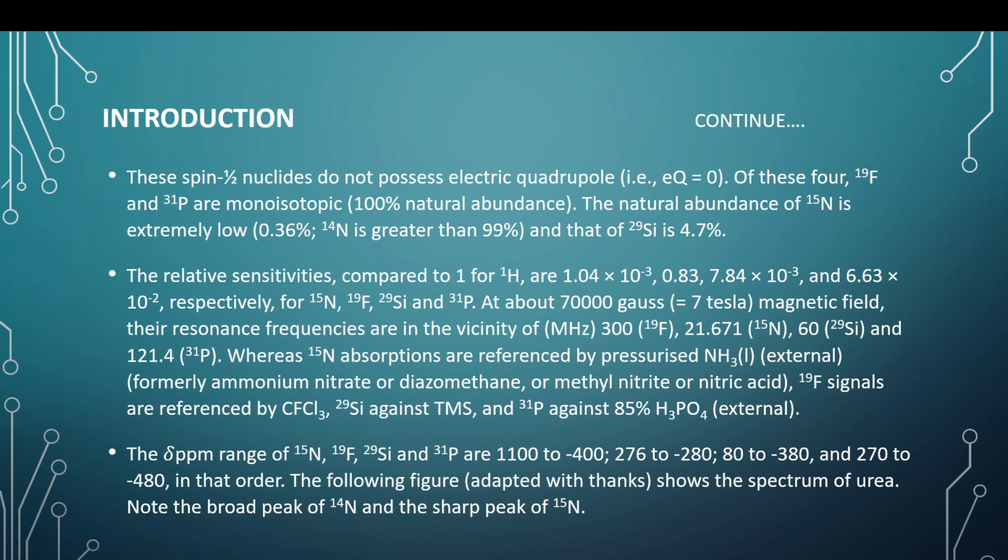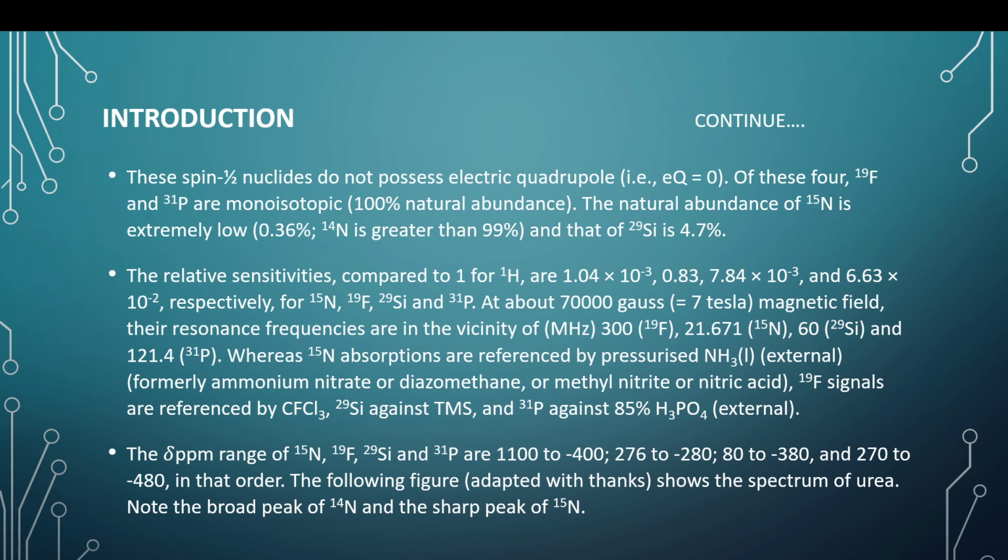N-15 absorptions are referenced by pressurized liquid ammonia as external standard. Formerly, ammonium nitrate or diazomethane or methyl nitrite or nitric acid were used. The fluorine NMR spectra are referenced by CFCl3, silicon by TMS, phosphorus by 85% phosphoric acid in water as external standard.